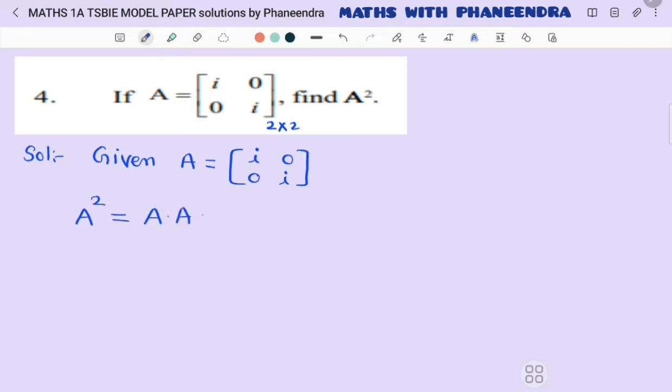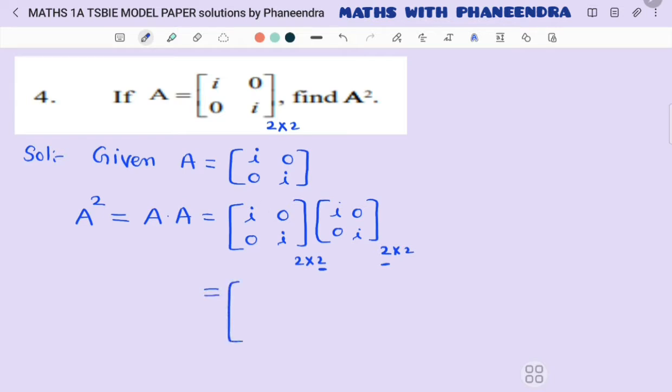A into A. A is [i, 0; 0, i] into [i, 0; 0, i]. So when the multiplication is possible, the number of columns in the first matrix should be equal to the number of rows in the second matrix. Then only the multiplication is possible.